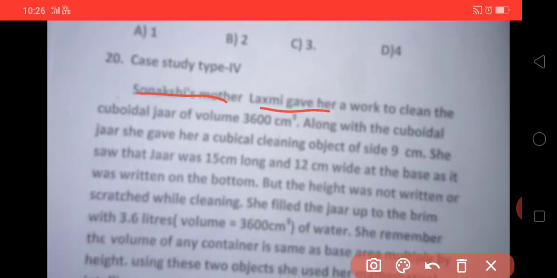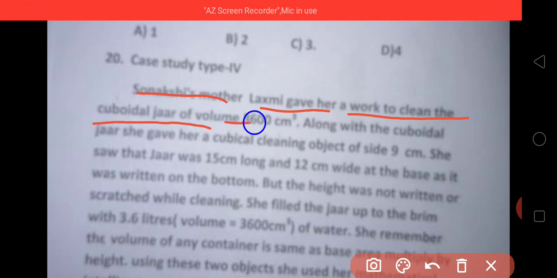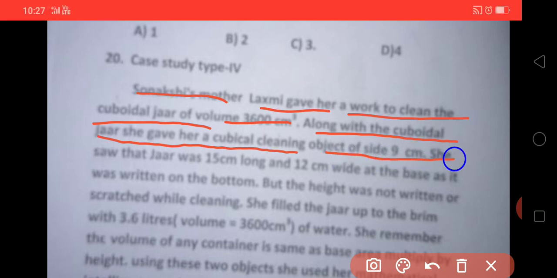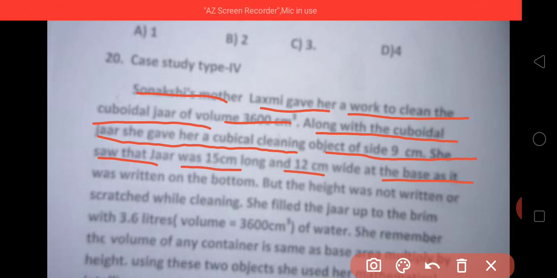Come to question number 20. Sonakshi, the mother of Lakshmi, gave her a work to clean the cuboidal jar of volume 3600 centimeter cubic. Along with the cuboidal jar, she gave her a cubical cleaning object of side 9 centimeter. She saw the jar was 15 centimeter long, 12 centimeter wide, but the height was written on the base at the bottom, and it was scratched while cleaning.